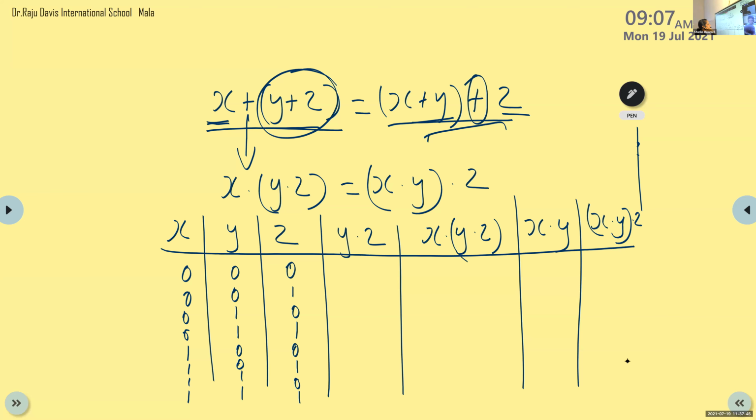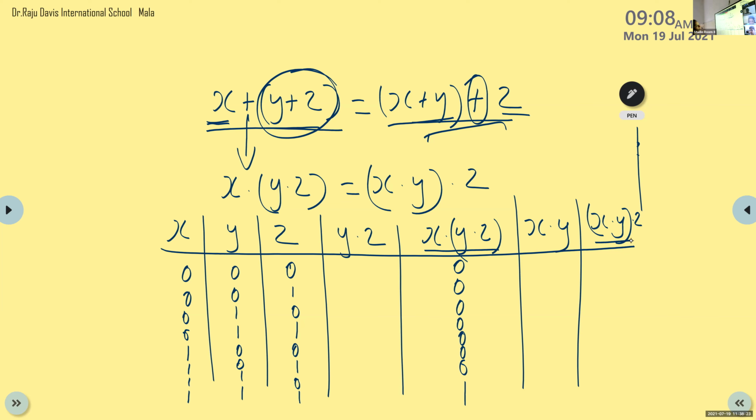For x dot y dot z, which one? Ma'am, last answer. X dot y dot z, this column. 7 zeros and 1 one. Is it correct, Tom? What about this column, Tom?